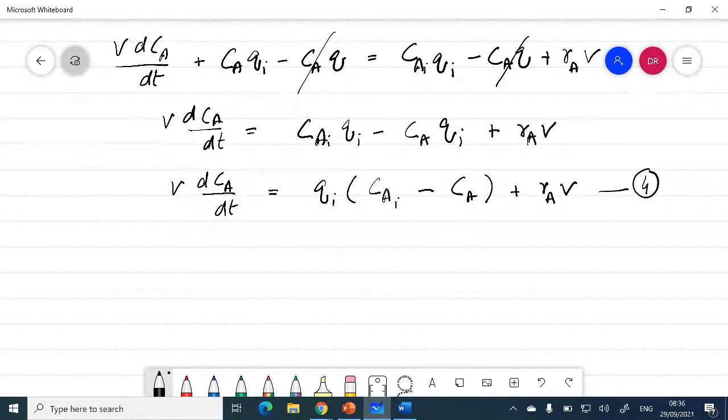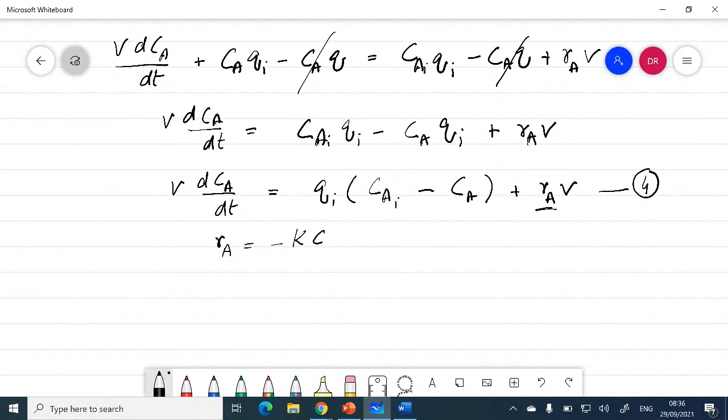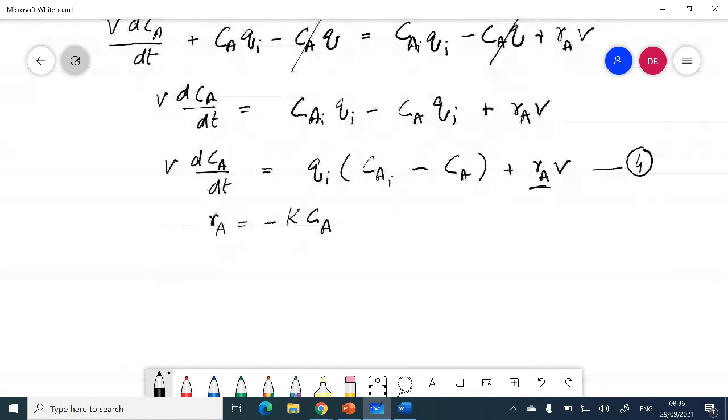Now we have to see what RA is. R is the rate of reaction, which I explained at the start of this lecture. We can write it as minus KCA. This is a first order reaction with respect to component A. Here we have used the negative sign, which is for the reactant, and if we write it with respect to product, then we will use the plus sign.